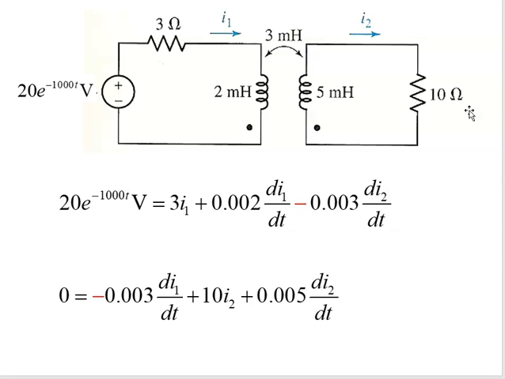All right, so these mesh equations in time domain, for our mesh 1, we do have a voltage source. We set that equal to I1 flowing into 3 ohms plus 2 milli, 0.002 Henry, di1/dt, and we negate.